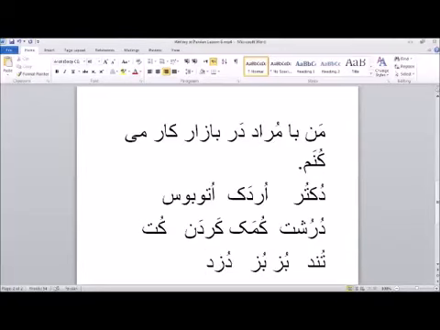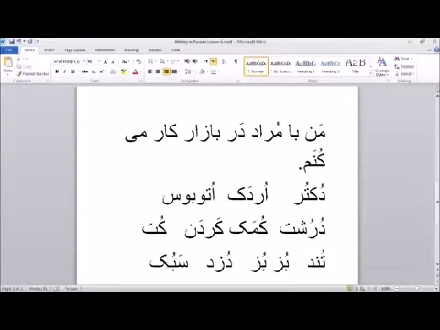Now this one. S, a, b, o, k. Sabok. Sabok means something light. L-I-G-H-T, the opposite of heavy. S is connective. A is a sign. B is connective.